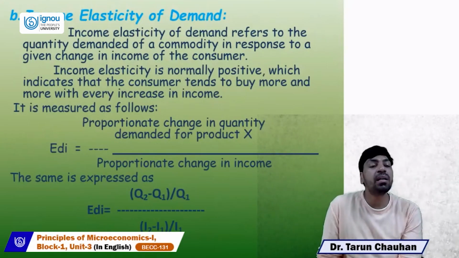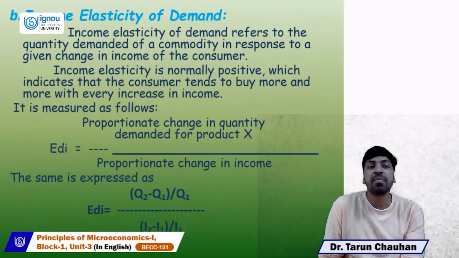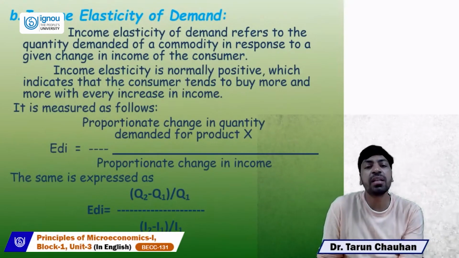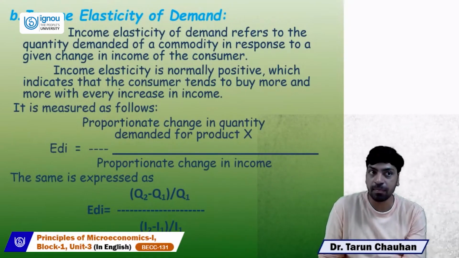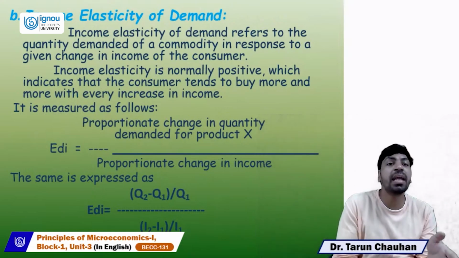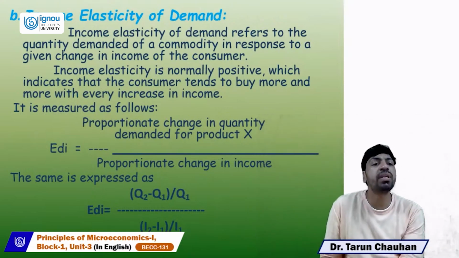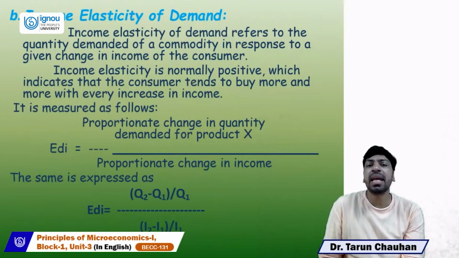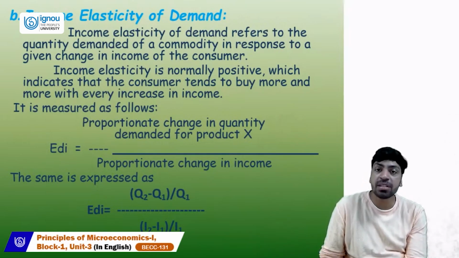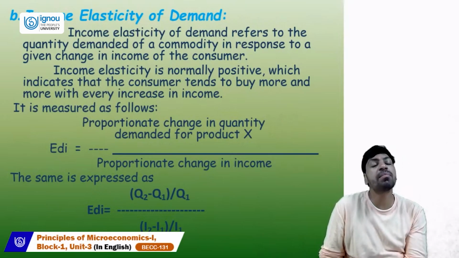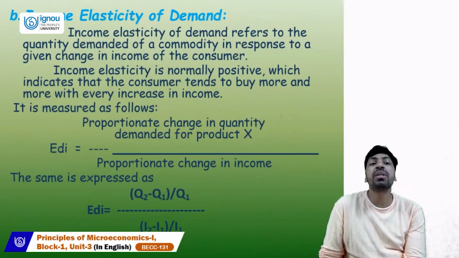So let's begin with income elasticity of demand. If there is a change in the quantity demanded just due to a change in income, it automatically influences the quantity demanded of a commodity, let's say X, Y, or Z. In simple terms, income elasticity of demand refers to the change in quantity demanded of a commodity due to a change in the income of a consumer.